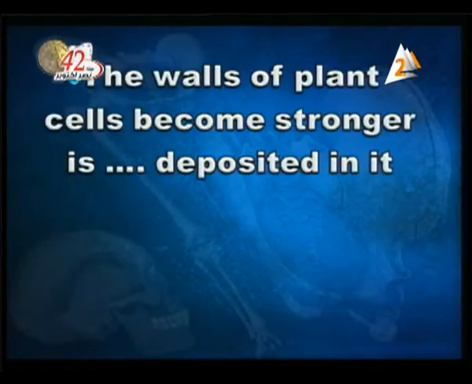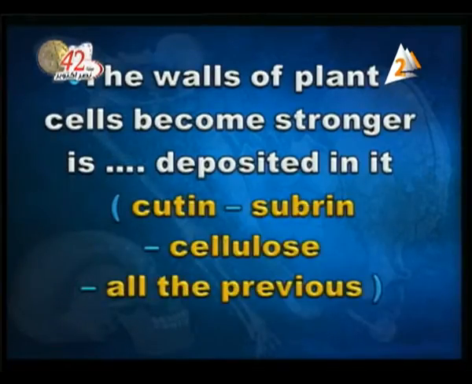Next, the walls of plant cells become stronger if space deposited in it. Cutin, suberin, cellulose, all the previous. Once again, the walls of the plant cells become stronger if space deposited in it.